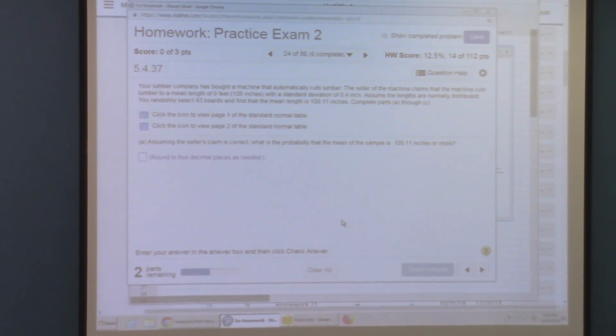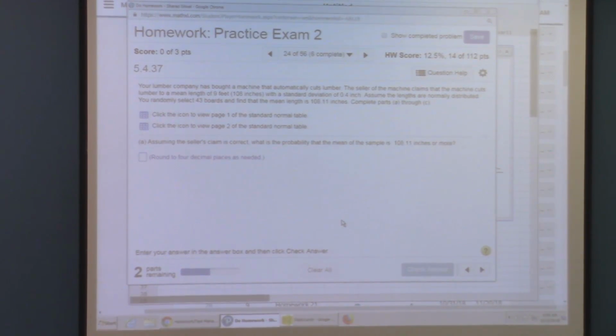Okay, let's read through this. Your lumber company has bought a machine that automatically cuts lumber. The seller of the machine claims that the machine cuts lumber to a mean length of 9 feet, 108 inches with a standard deviation of 0.4 inch. Assume the lengths are normally distributed.